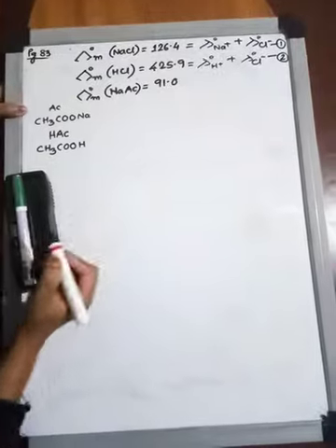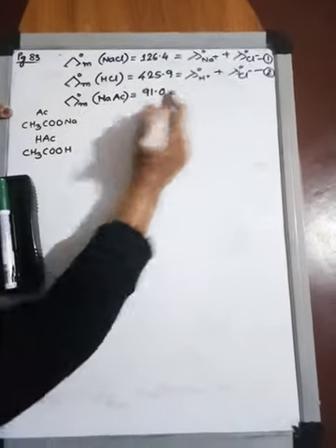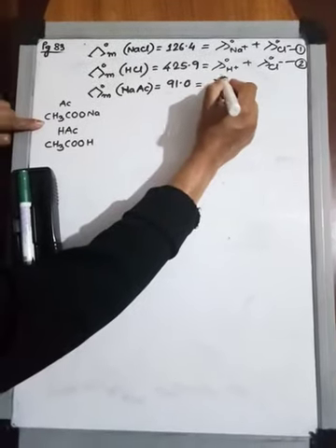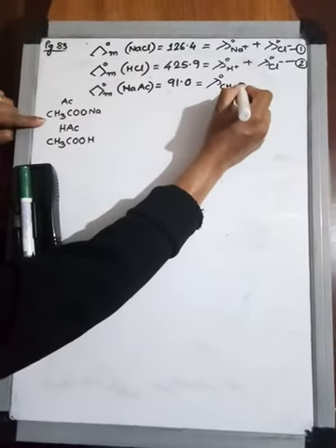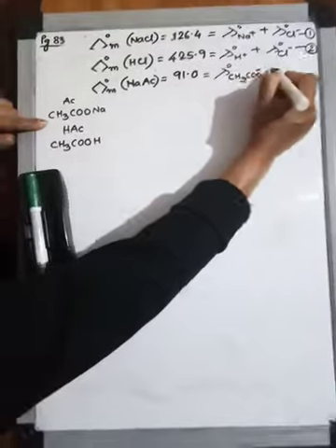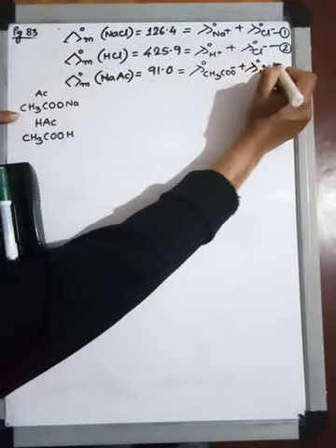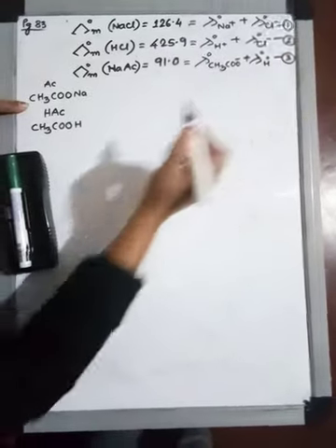So this is our equation 2. And if it is NaAC, it will break up to give you lambda 0 CH3COO minus plus lambda 0 Na plus. So this is our equation 3.